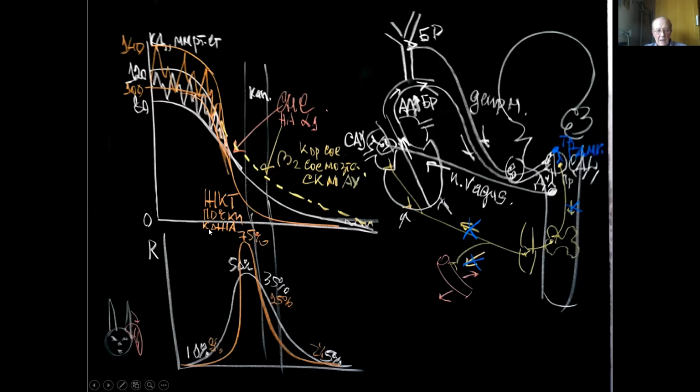And in other places, the sympathetic nervous system affects, with the help of the same mediator noradrenaline, the beta-2 adrenal receptors. It happens in the vessels of the brain, of the heart, and in the skeletal muscles, and they relax.